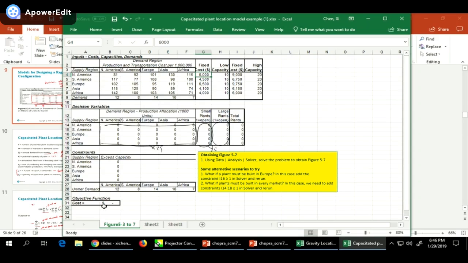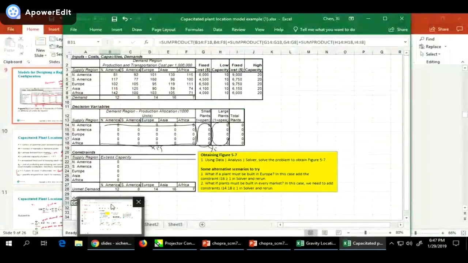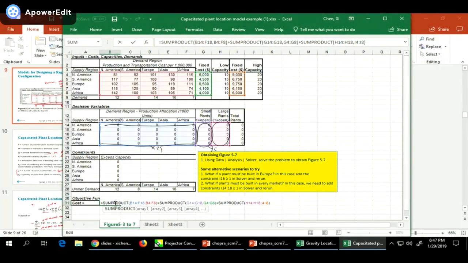Then we need to determine what is the total cost given a certain configuration. So here is our objective function. If I click on this, you can see that the total objective function is equal to SUMPRODUCT. SUMPRODUCT is the summation of array products.